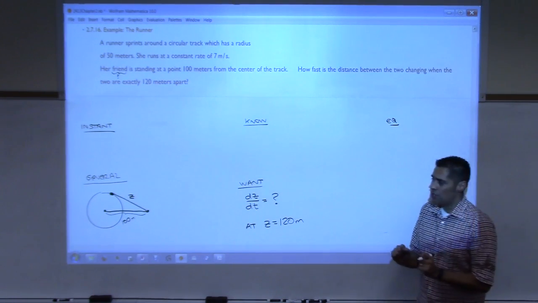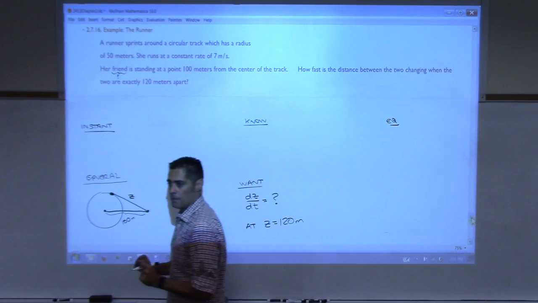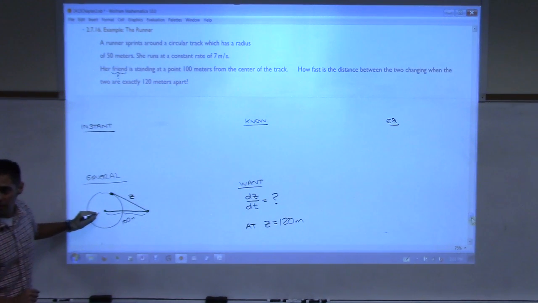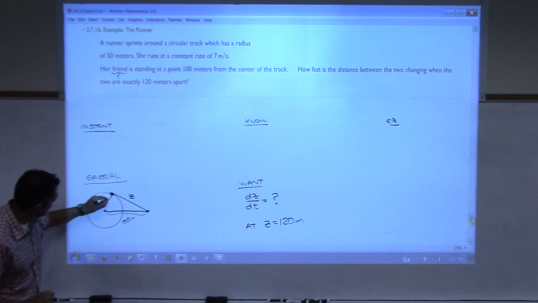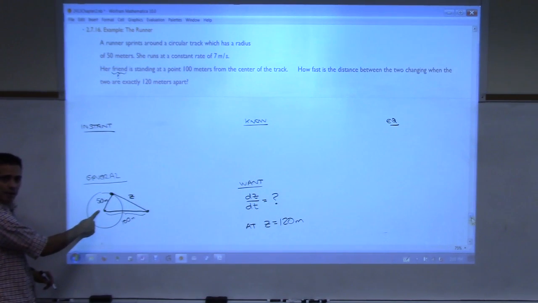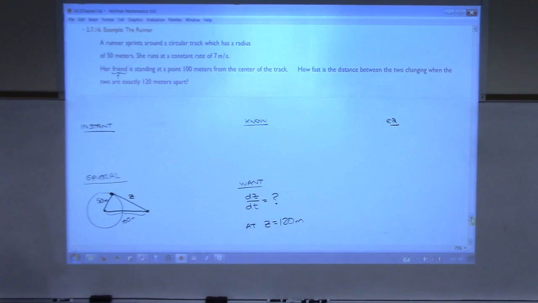So I can put that in the general picture. And the runner is always 50 meters from the center. So I could draw this and label that 50, and put that in the general picture also, right? Good.